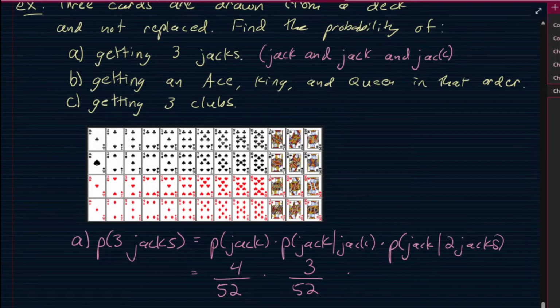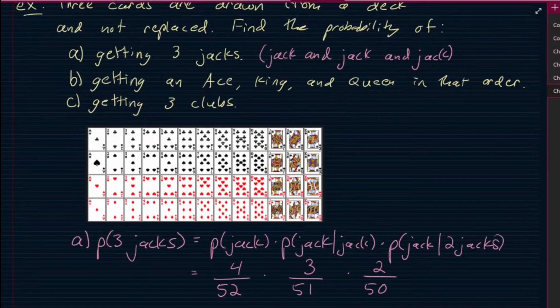The denominator also changes because the total, right? If we remove a jack, the total changes as well. It goes from 52 to 51. And then we times it again by the probability of getting another jack, given that 2 jacks are gone. Well, now there would be only 2 left and only 50 cards total left. So it'd be times 2 out of 50.